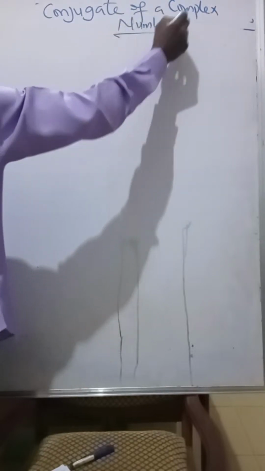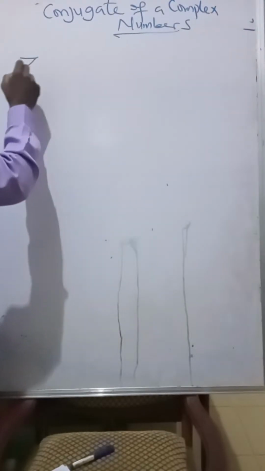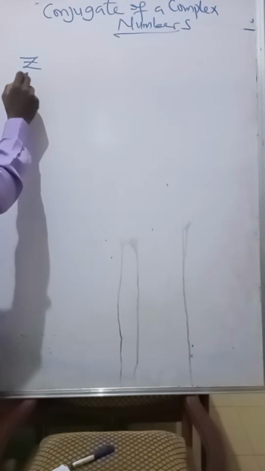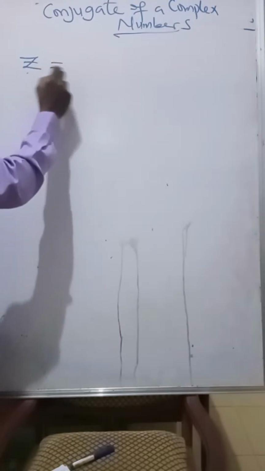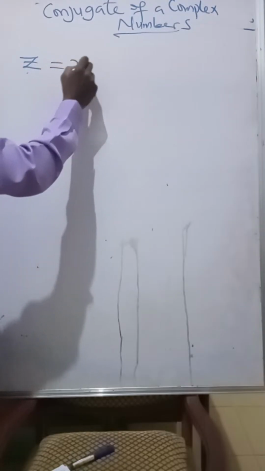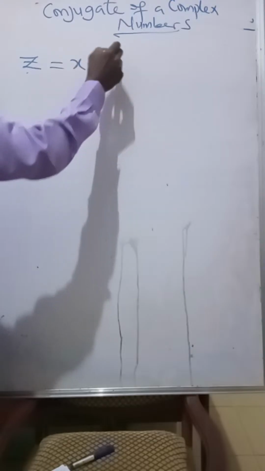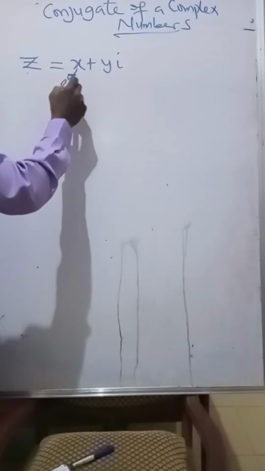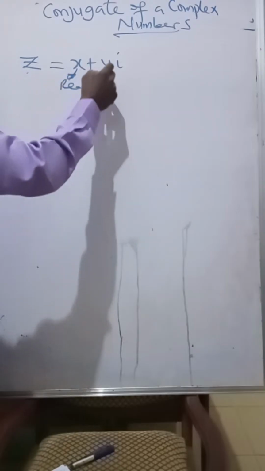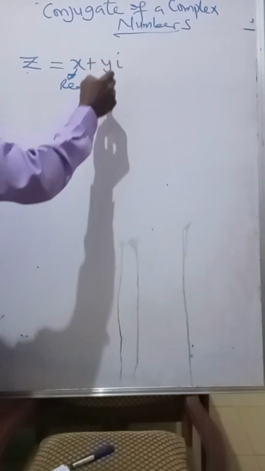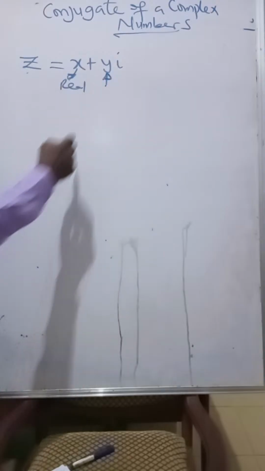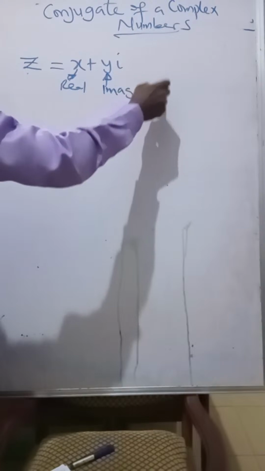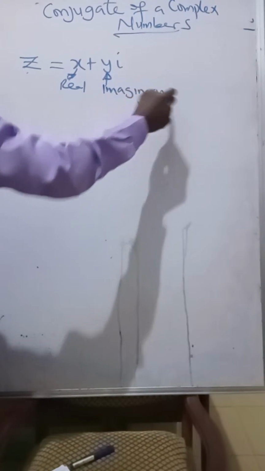Let's say you have a complex number z, which is x plus yi. You have the real part, and then you have the imaginary part. The imaginary part is y.